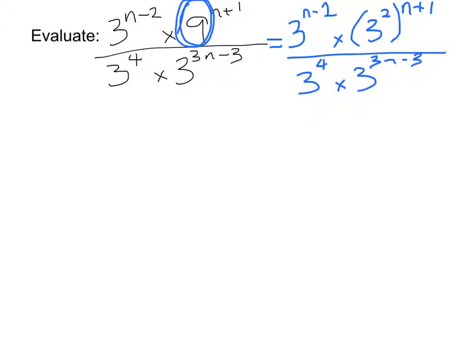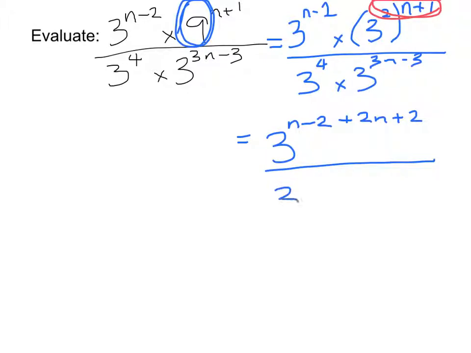We just have to go through and collect up like terms. So the top line we get 3 to the power of n minus 2 plus 2n plus 2. So that's coming from this bit in here. Okay, and in the denominator I get 3 to the power of 4 plus 3n minus 3.